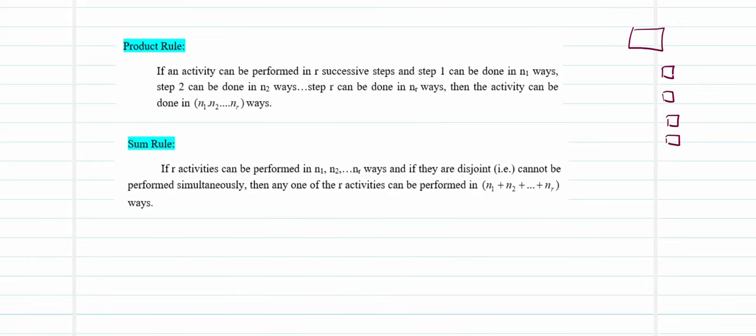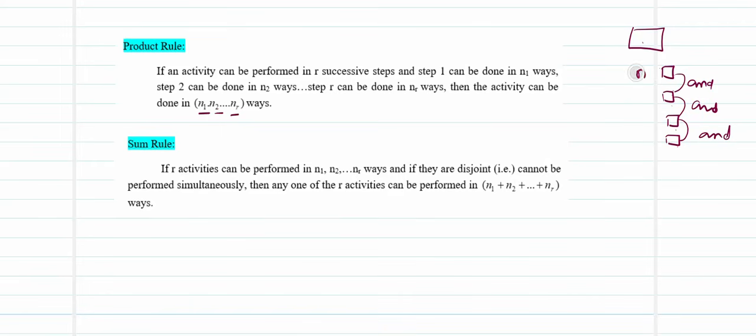So I need to perform all of them, A and then B and then C and then D. Only then is the task going to be complete. So this entire task has to go through 1, 2, 3, 4 steps, and hence what is going to be the total number of ways this activity can be performed? It is going to be the product of all these ways.